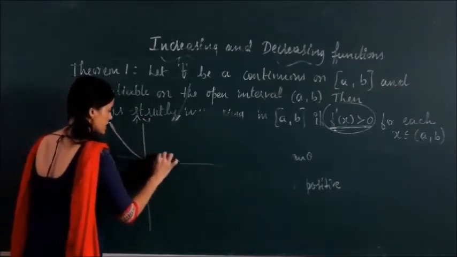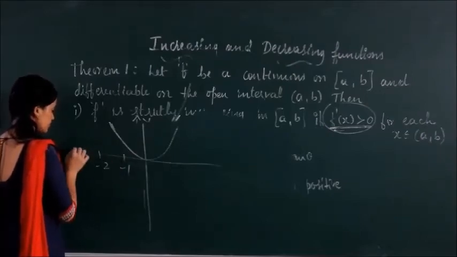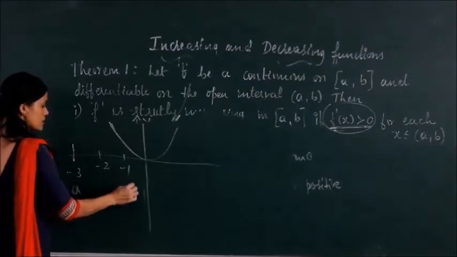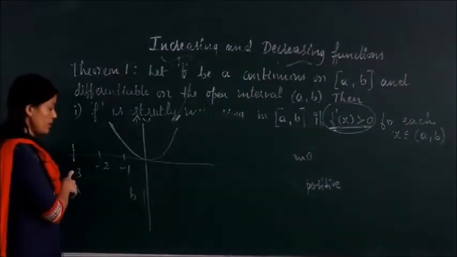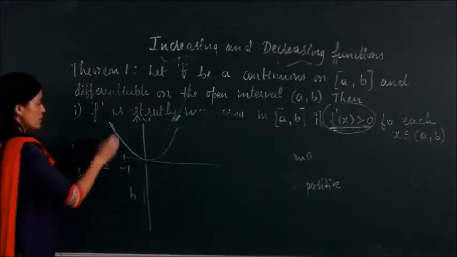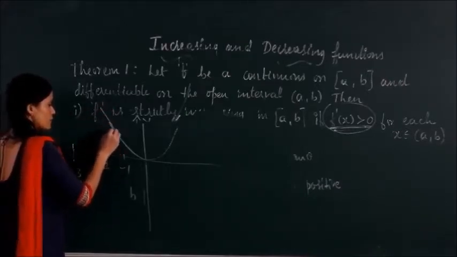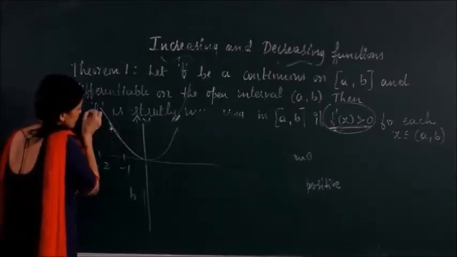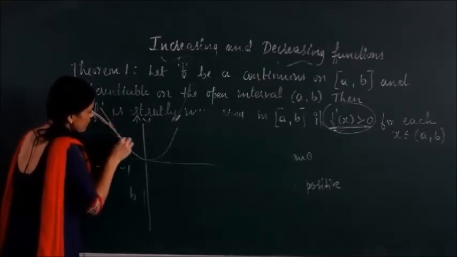The same function when I take, in the given interval, so this is A and this is B I take. In the given interval a comma b, suppose at a particular point, at this point suppose, I draw a tangent to this graph.